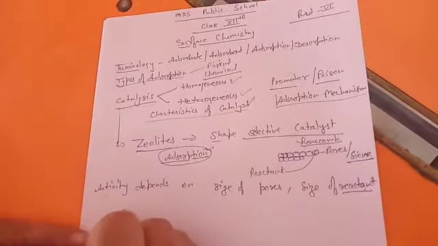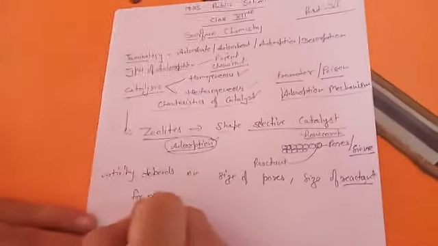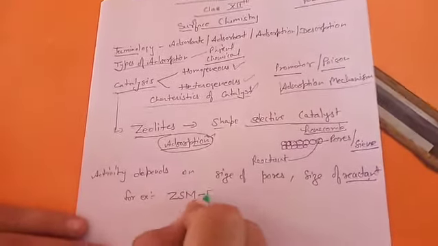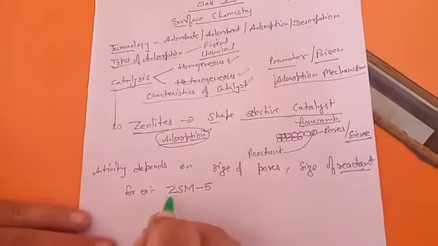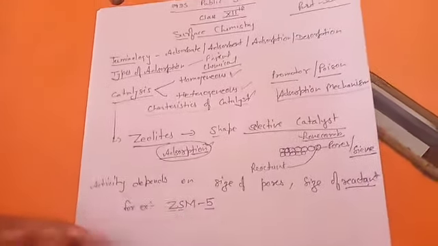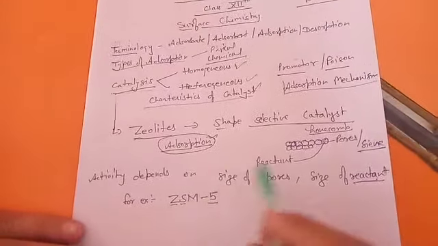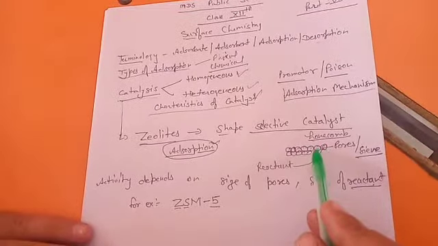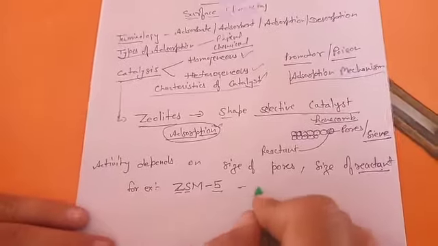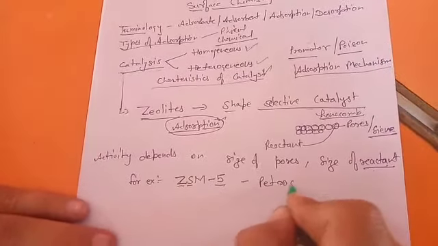For example, in your book an example is given of a zeolite catalyst known as ZSM5. This is a coding that particularly represents a zeolite sieve of size 5, which represents the size of these pores. ZSM5 catalyst is used in petrochemical industries.